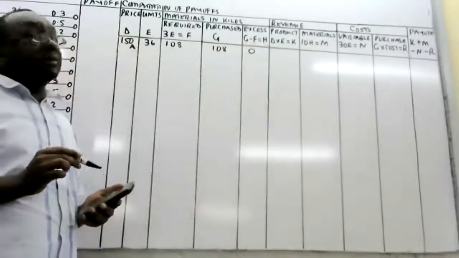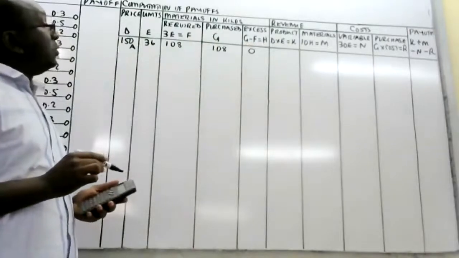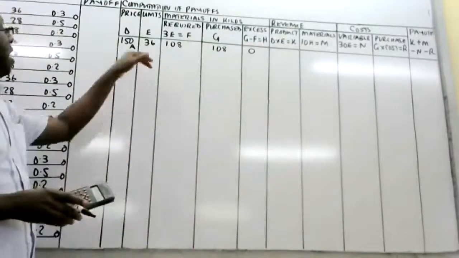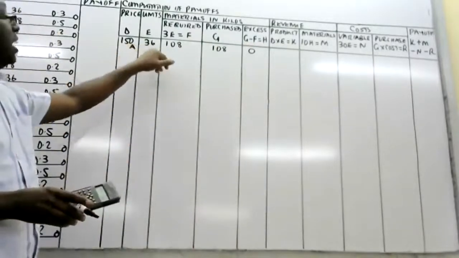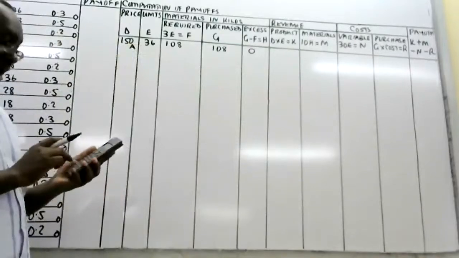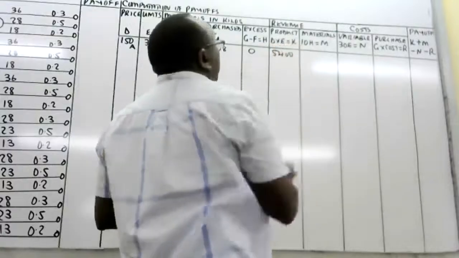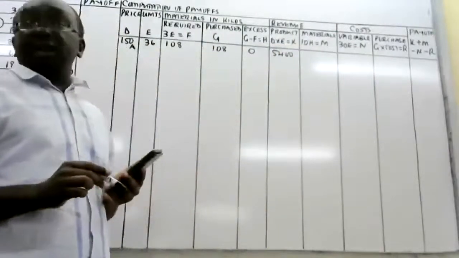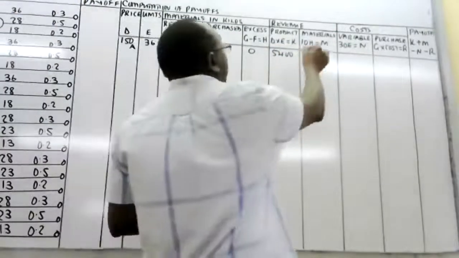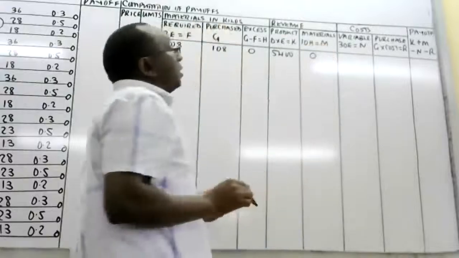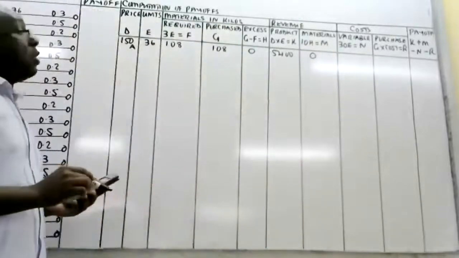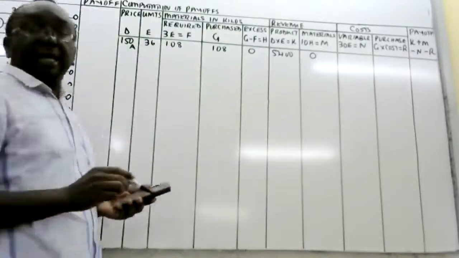The revenue that we shall get is now 150 times 36, which is 5,400. The revenue from material is 0. The variable cost will be 30 times 36, 1080.